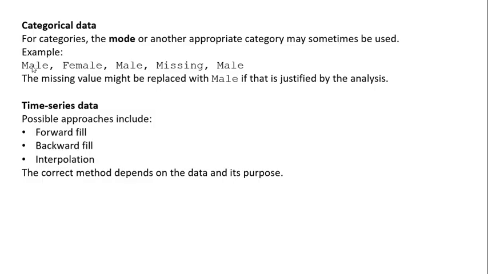For example, male, female, male, and some missing, and the last is male, so the missing value might be replaced with male if that is justified by the analyst. For time series data, possible approaches include forward fill, backward fill, and interpolation, and the correct method depends on the data and its purpose.